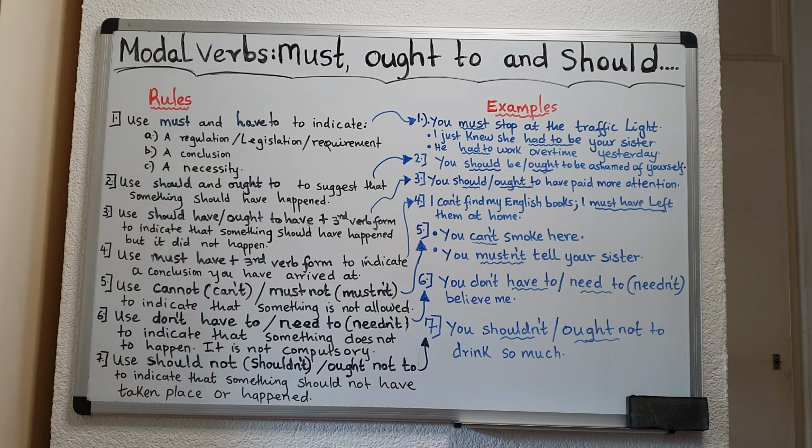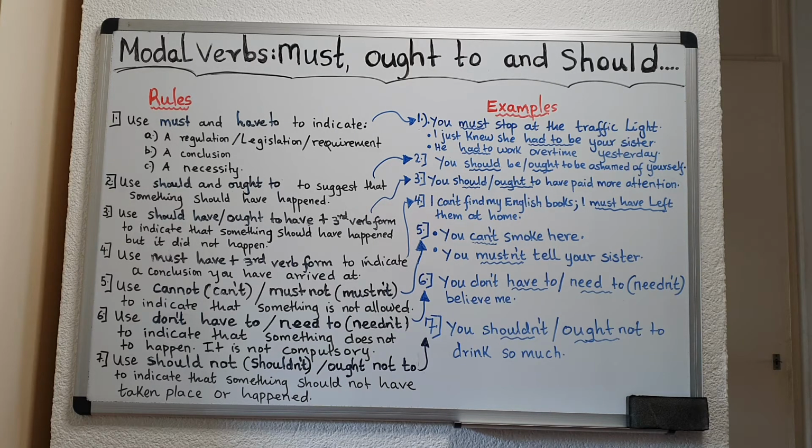Now, if you're driving a car and the traffic light turns red, then you must stop. That is a requirement by law. So when you want to indicate that something is a requirement legally, then you use must. You must stop at the traffic light.